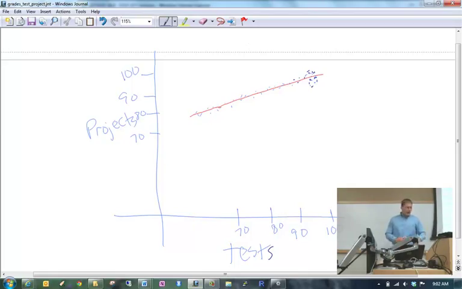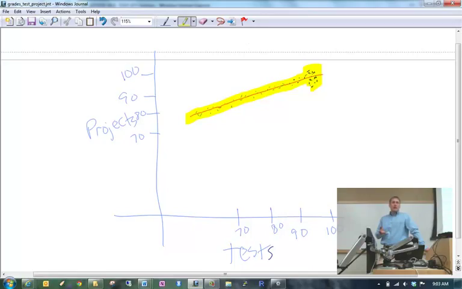What you see here is that there is a large number of students that are clumped with very high grades in terms of both projects and tests. But as a student's project grade gets lower, we can see that their corresponding test grade drops more than the same amount of drop with the project's grade.